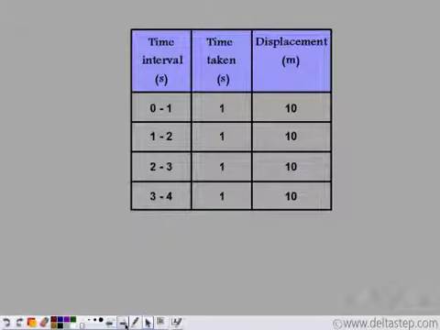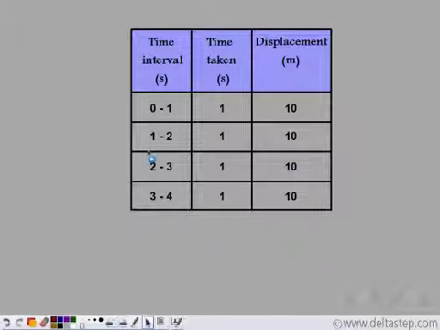So a displacement of 10 meters towards right becomes a displacement of plus 10 meters. In 1 to 2 seconds, we remember he traveled 10 meters towards right. So the displacement again is plus 10 meters. Same for 2 to 3 seconds. Displacement was plus 10 in 1 second. 3 to 4 seconds, displacement was plus 10 in 1 second.